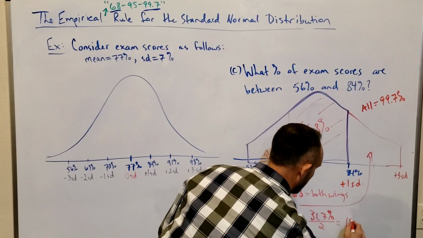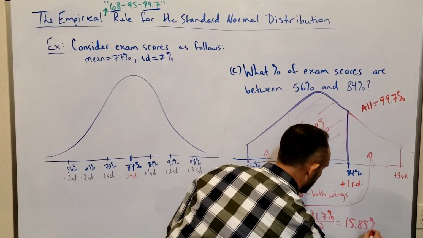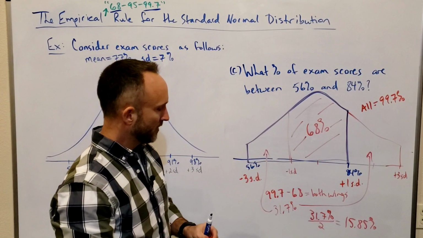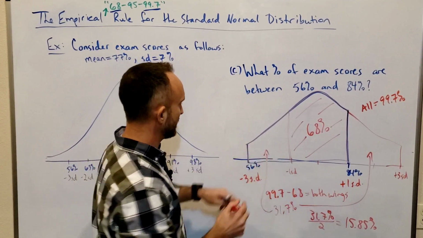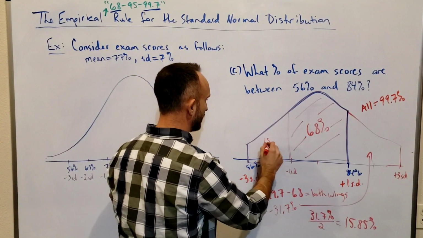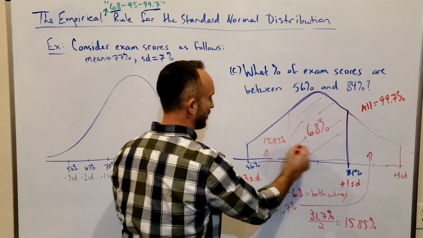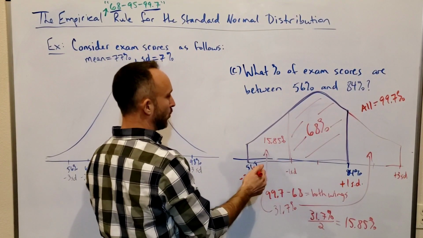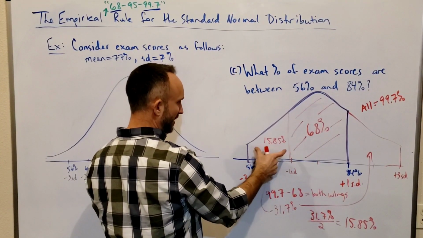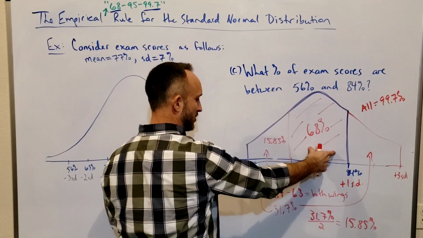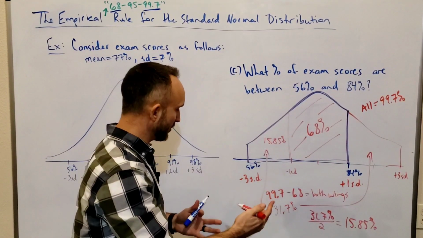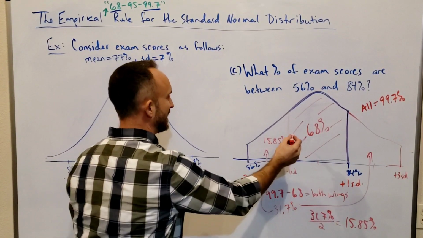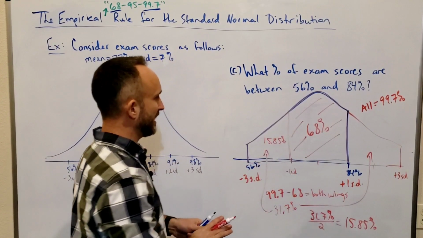So 15.85%, I think. 15.85% is this one wing here. It's also this wing, but we don't care. We're interested in this wing plus the middle section. So to get the final answer, all we have to do is add those numbers together.